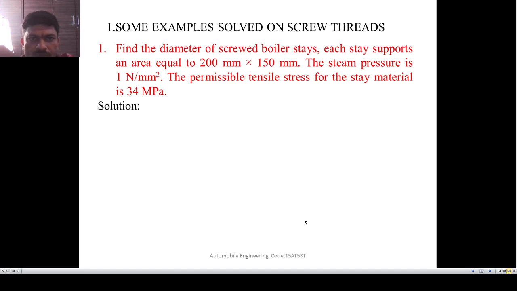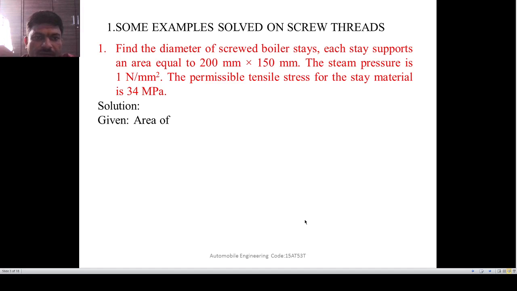Each stay supports an area equal to 200 by 150 mm, the steam pressure p is equal to 1 Newton per mm square, and the permissible tensile stress for the stay material is 34 megapascal.